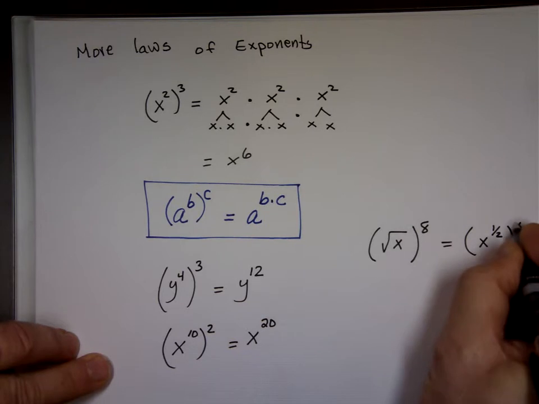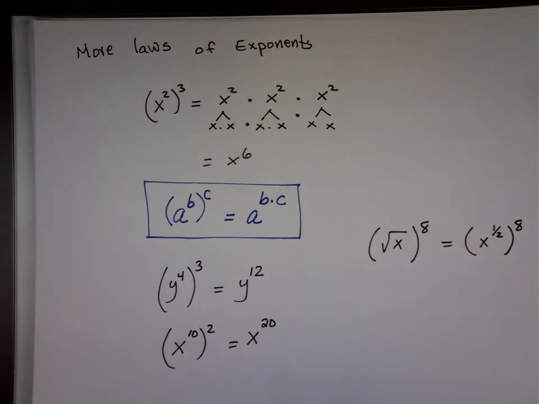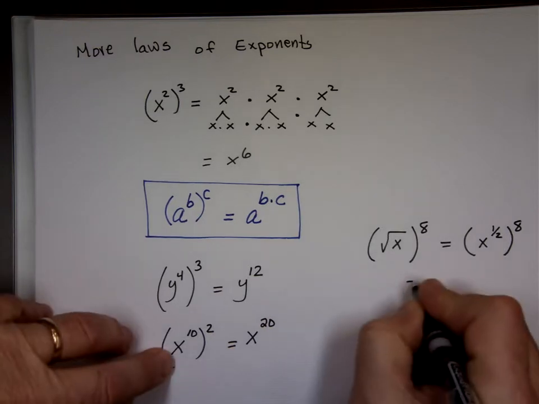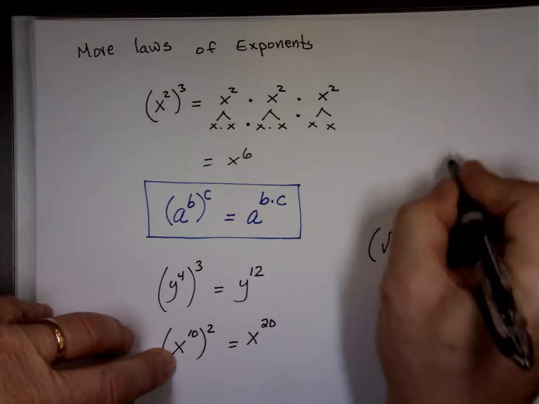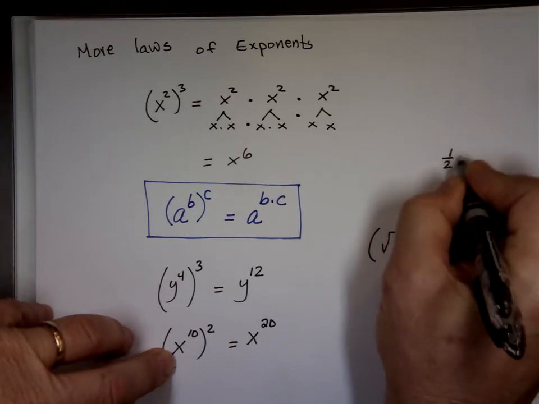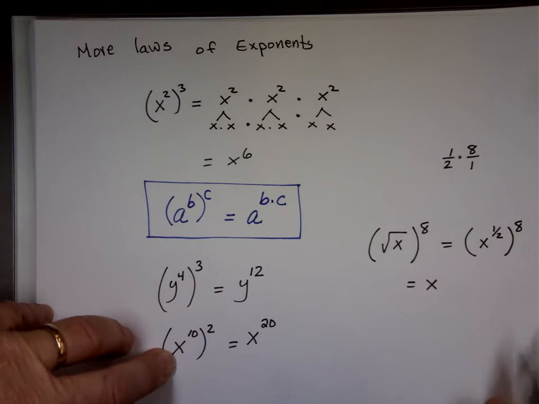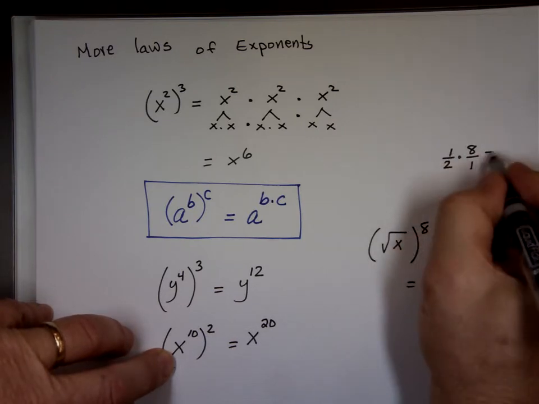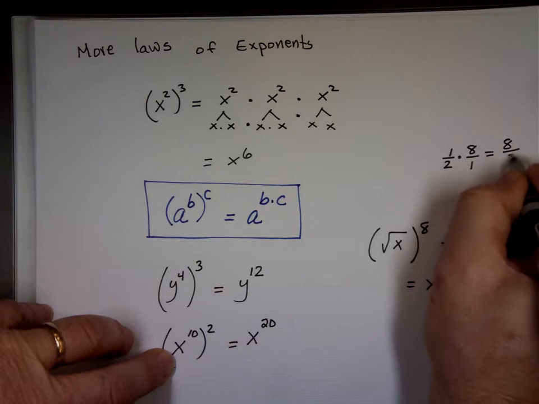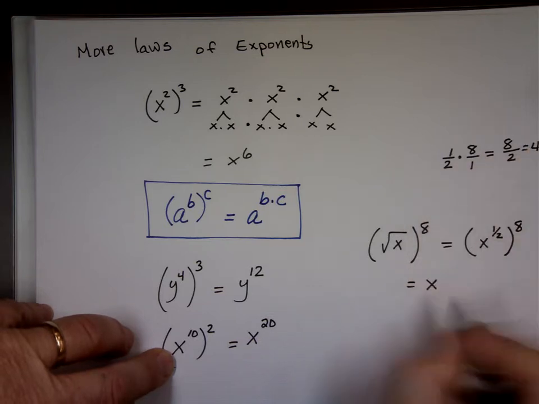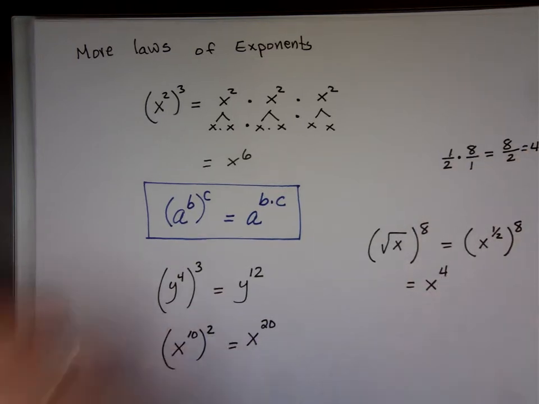Raise it to the power of 8. 1/2 to the power of 8. You've got to multiply the 1/2 times the 8. What is 1/2 times 8? This is 1/2. Let's multiply it by 8. It's 8 over 1. When you multiply fractions, the top times the top, which is what? 8 over 2, and that's a 4. So the answer to that is x to the 4th.